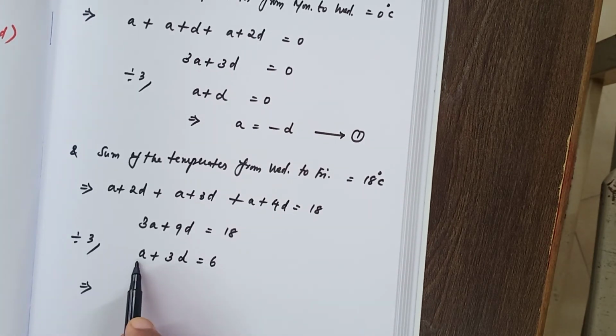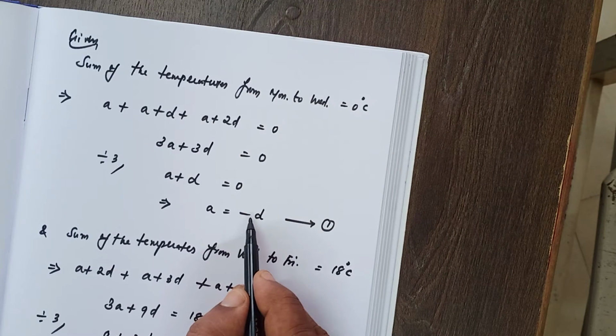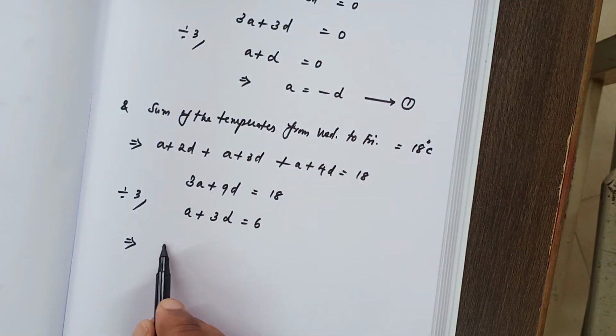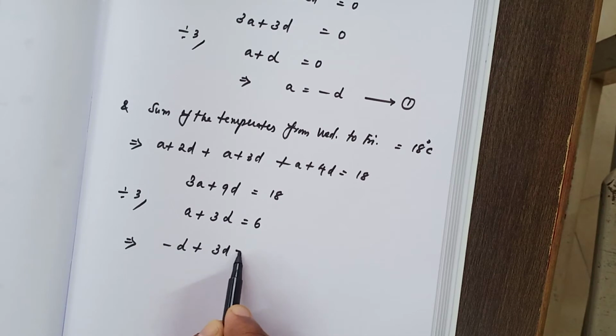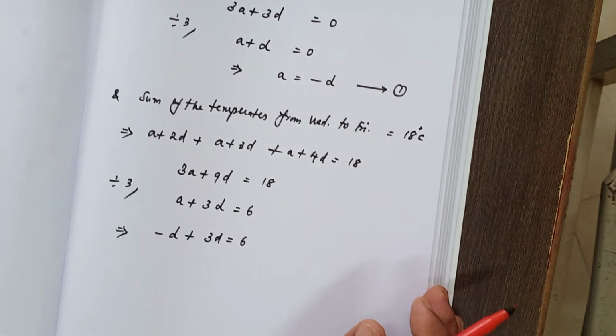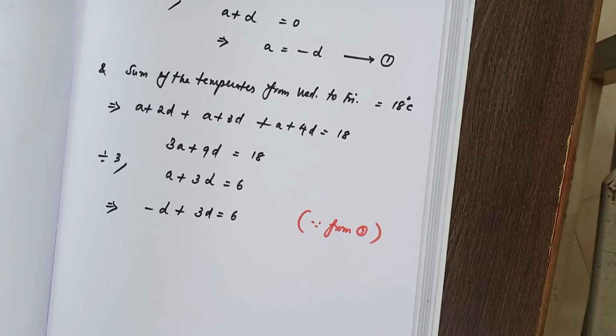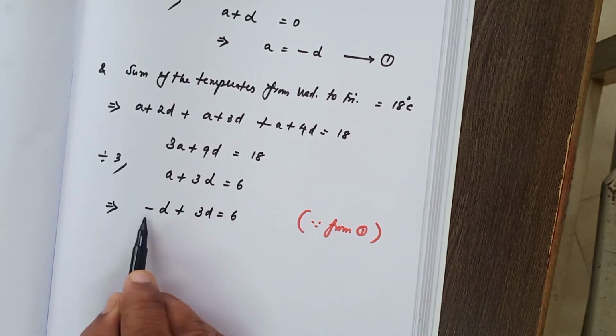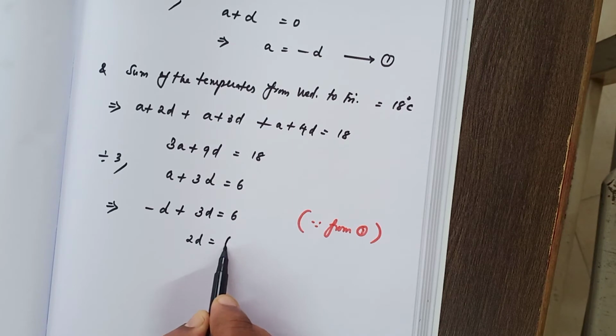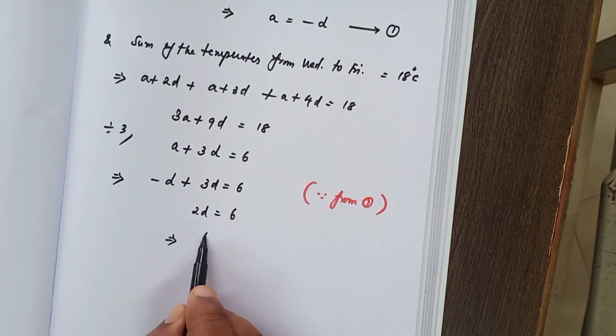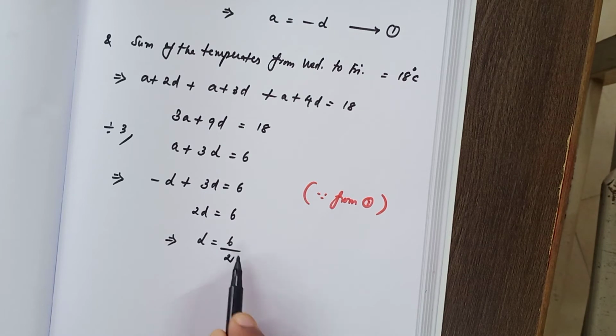Which implies this A can be replaced by minus D, since from the first equation A is equal to minus D. So minus D plus 3D is equal to 6. 3D minus D is 2D. 2D is equal to 6, which implies D is equal to 6 upon 2, that is equal to 3. We got the value of D here.